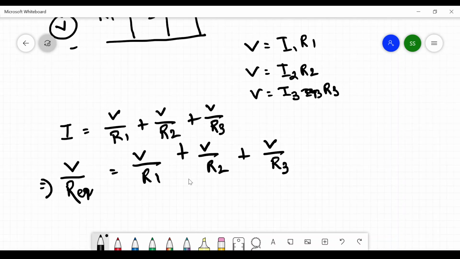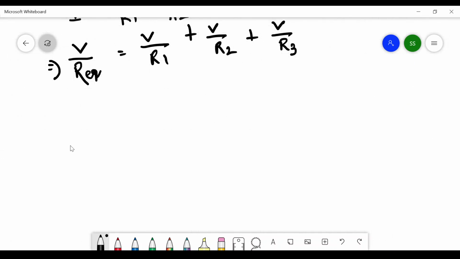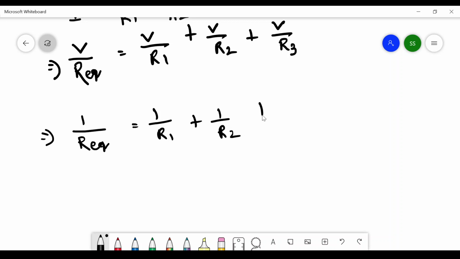So 1 by R equivalent equals 1 by R1 plus 1 by R2 plus 1 by R3.